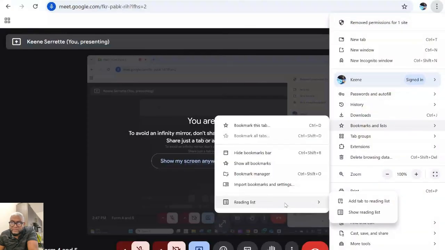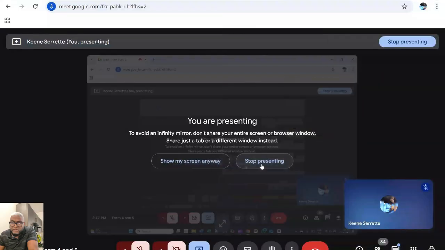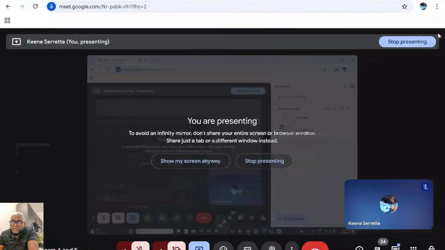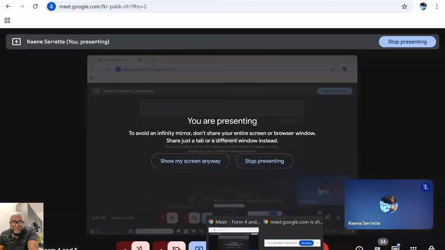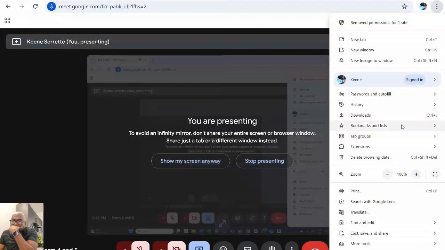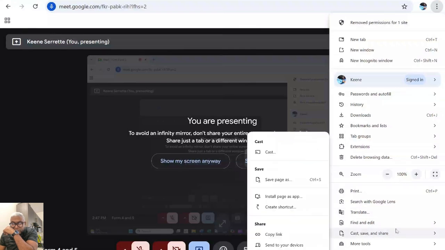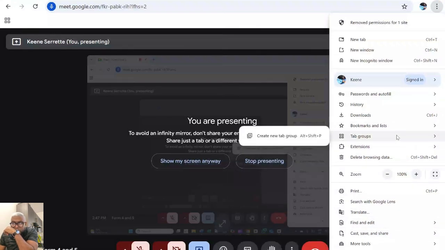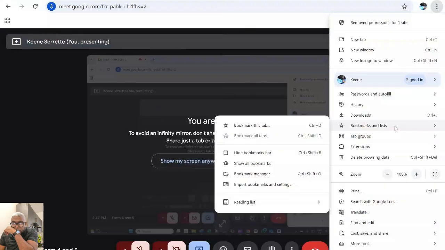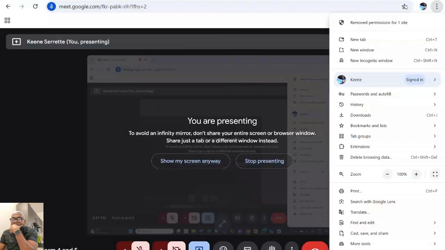Bookmarks. It's not here. Hold on. Look, I don't see the bisect here already. Or did I put it on favorites?